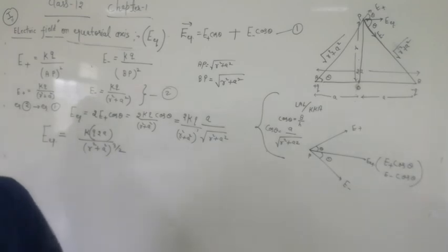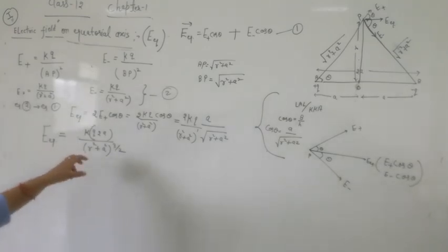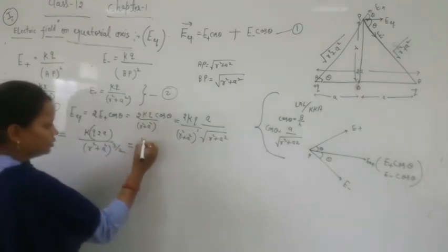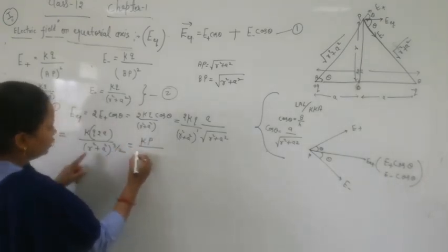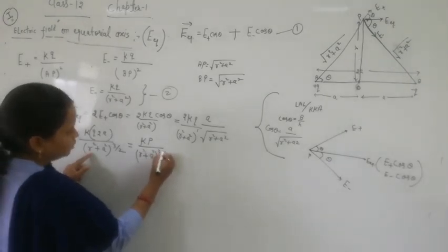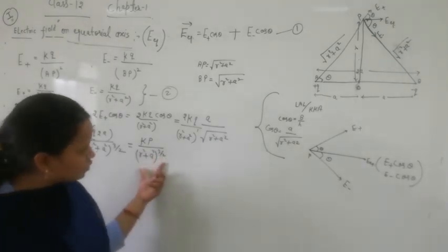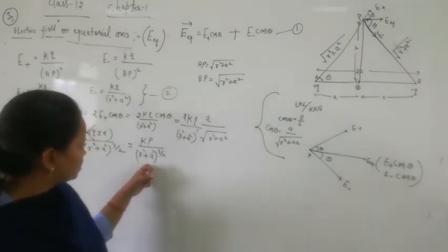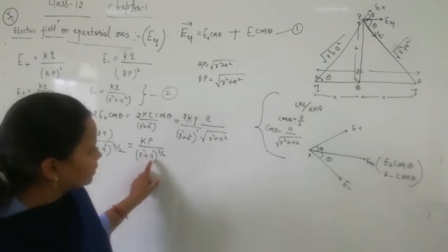This is the electric field on the equatorial axis. Here 2qa is p, the dipole moment, as I told you earlier, and we have r square plus a square raised to the power 3 by 2.